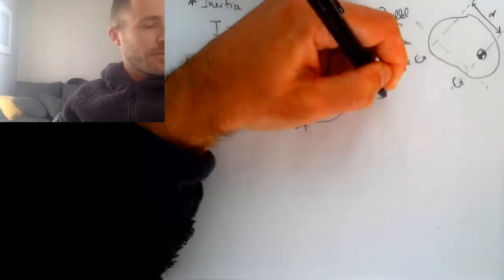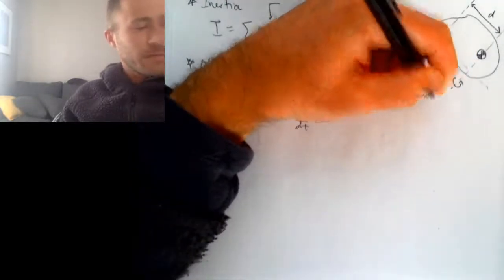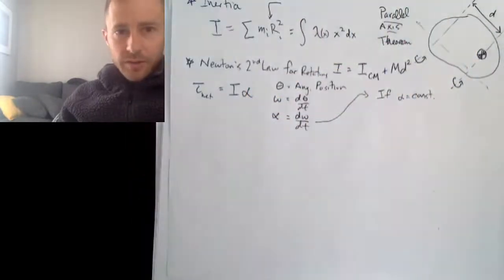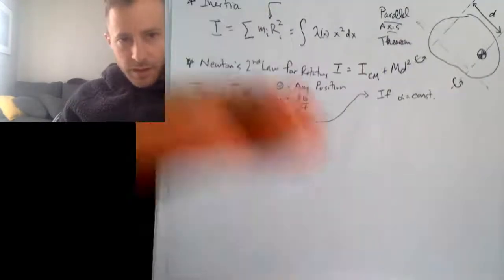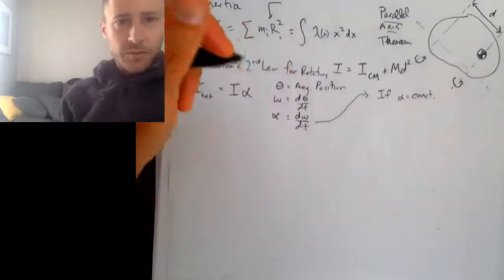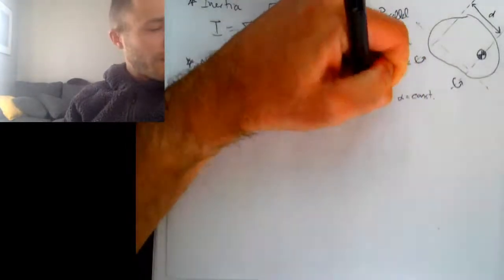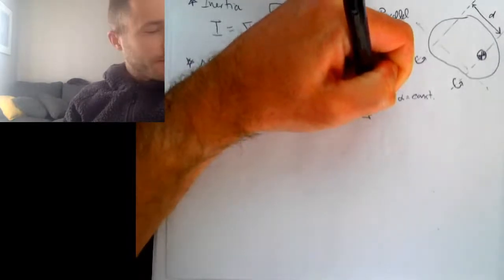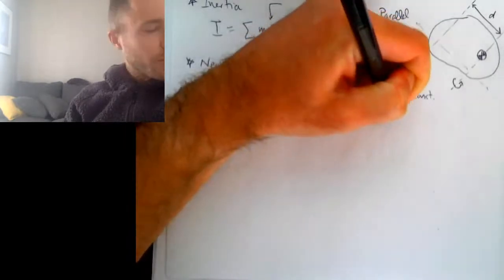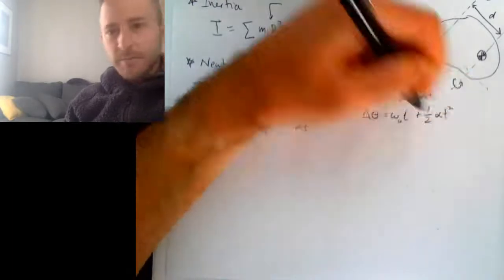So if alpha is equal to a constant, then we have the equations of angular kinematics, which are identical to the equations of linear kinematics, just with some variables switched around. So in particular, we have delta theta equals omega initial times time plus 1/2 alpha t squared.